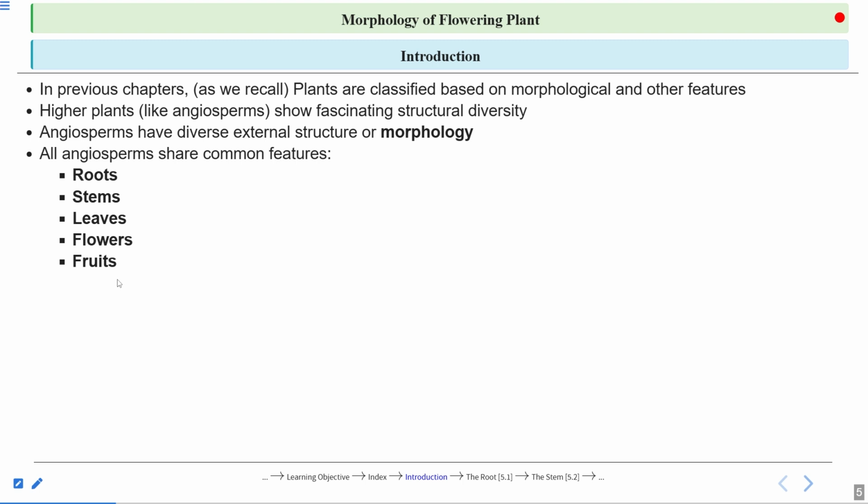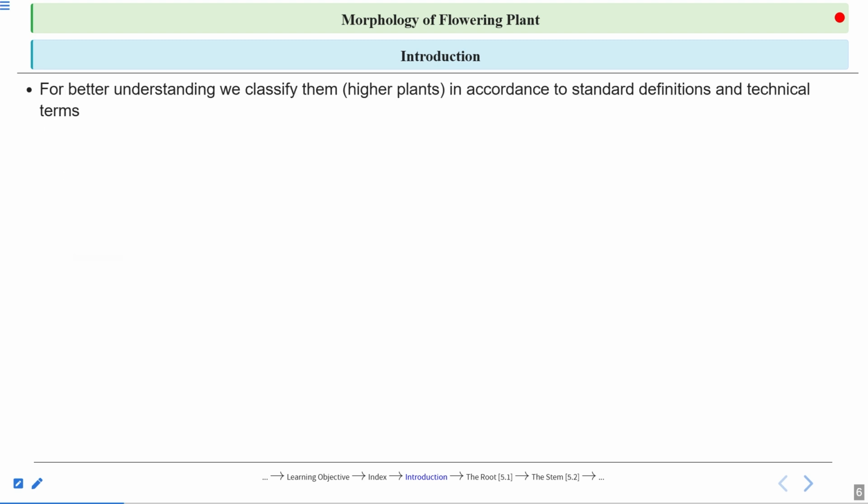So this we are going to study in the morphology of flowering plants one by one. So for better understanding, we classify higher plants in accordance with standard definitions and technical terms, right? To classify organisms, we follow some technical definitions, standard definitions, and some technical terms.